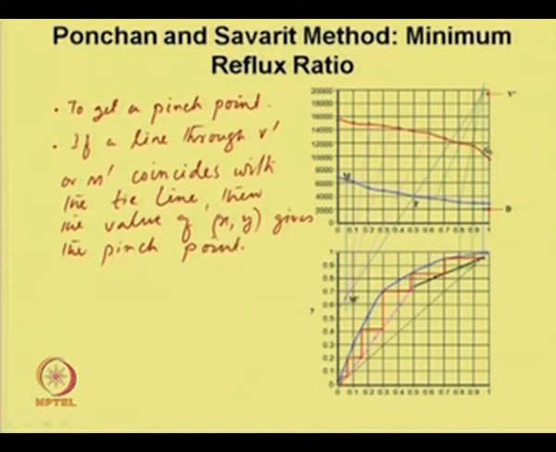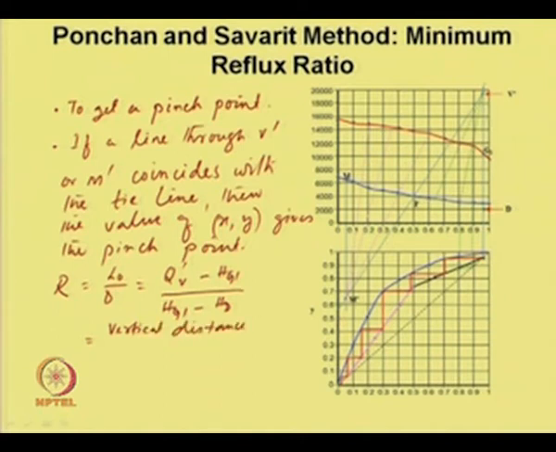We know the reflux ratio equation. R is equal to L naught by D, which is equal to Q dash minus Hg1 divided by Hg1 minus Hd, which is equal to the vertical distance G1 V dash divided by the vertical distance D G1.